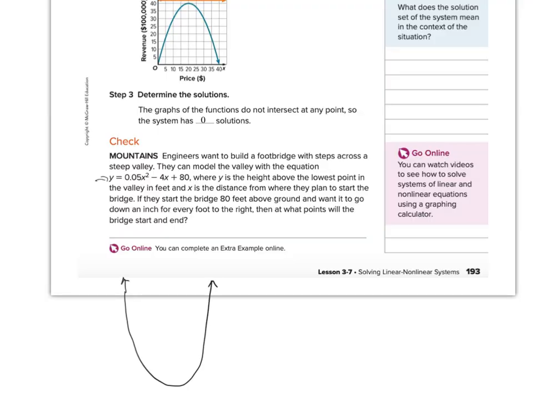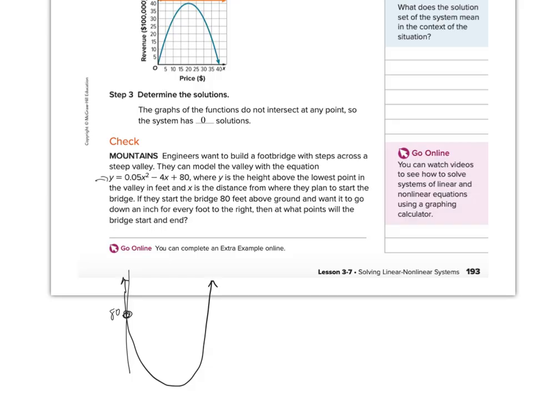And then y is the height of the lowest point of the valley in feet, and x is the distance from where they plan to start the bridge. If they start the bridge 80 feet above the ground, call that 80, right? And want to go down an inch for every foot to the right, what is the point?